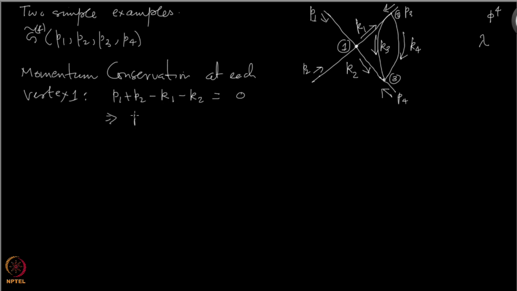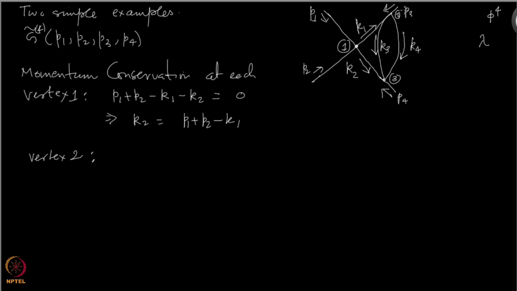So, k2 is p1 plus p2 minus k1. Okay. So, this one is now determined in terms of these remaining 3. That is good. Let us look at what happens at vertex 2.